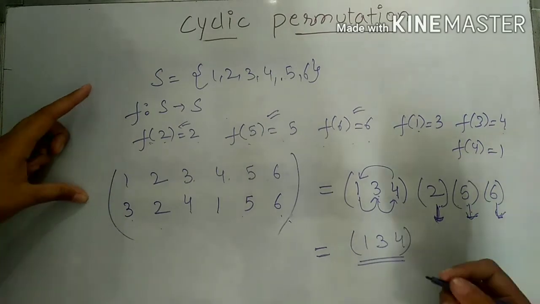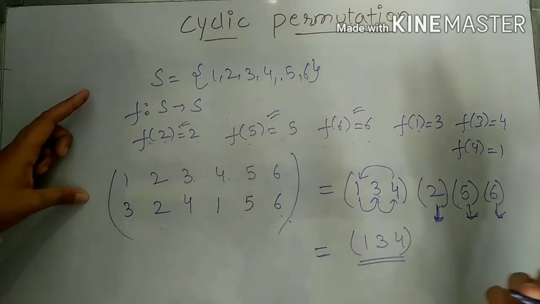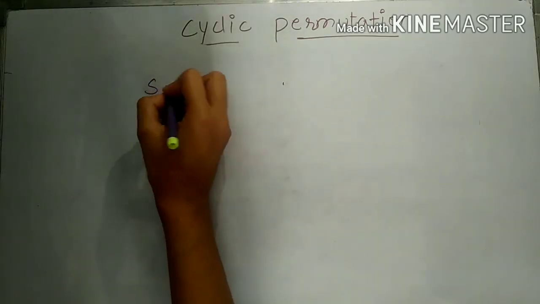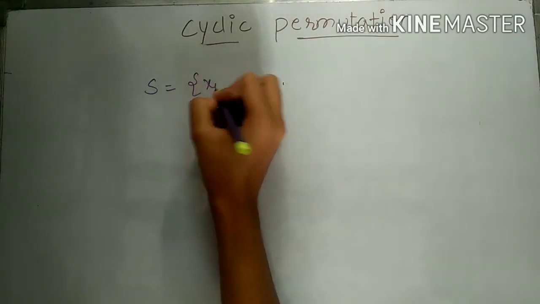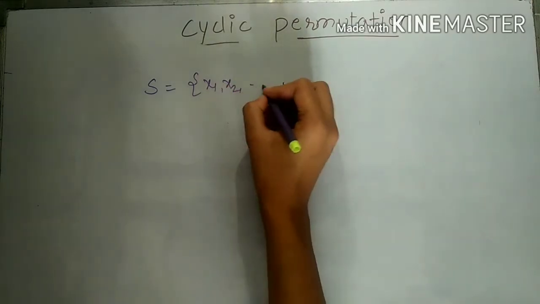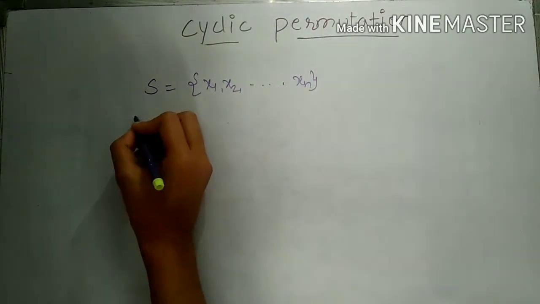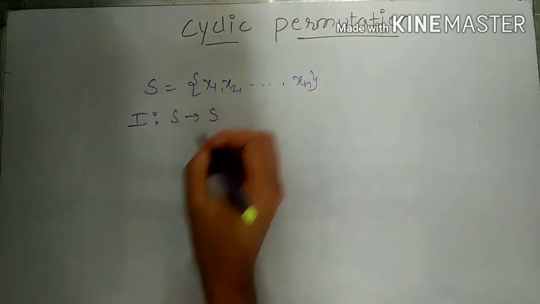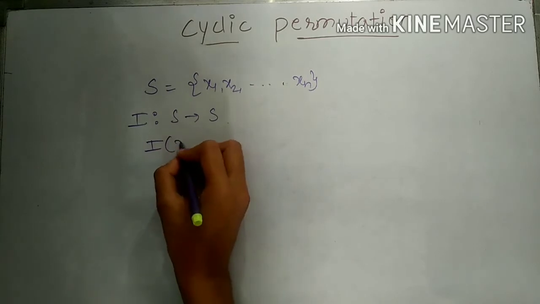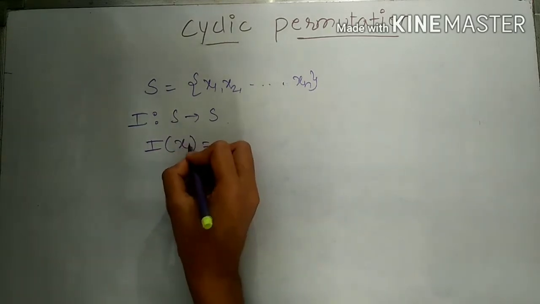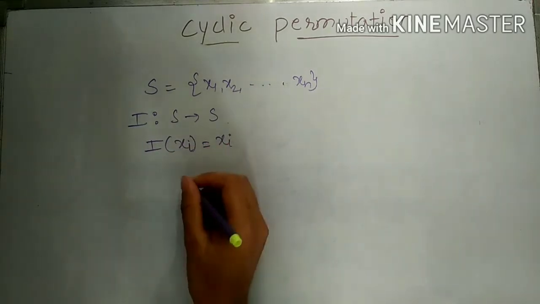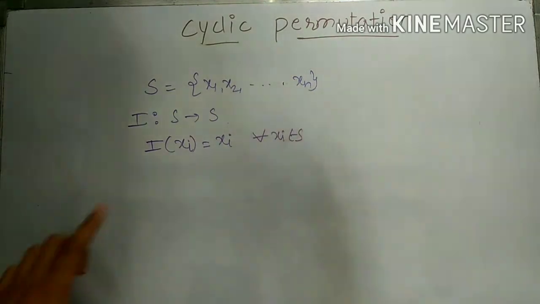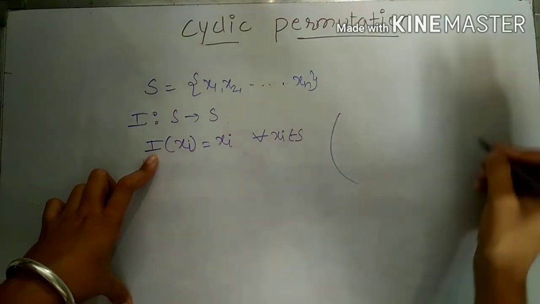Now we will understand what an identity permutation is and what transpositions are. We know that if we have any set S having n elements, then the identity permutation on this set S is simply a 1-1 onto mapping from S to itself, such that I maps each element to itself, that is, the image of every element is the same under the identity permutation for all xi belonging to S. And how do we represent it?